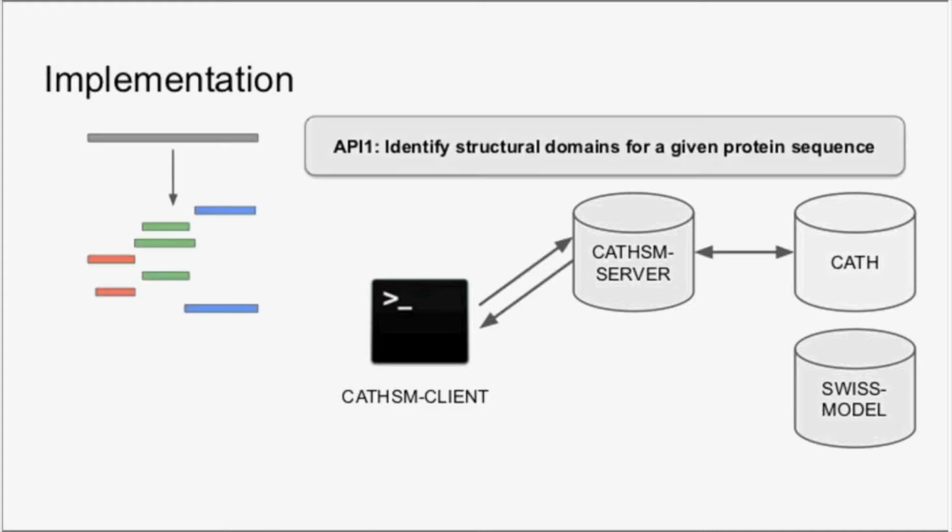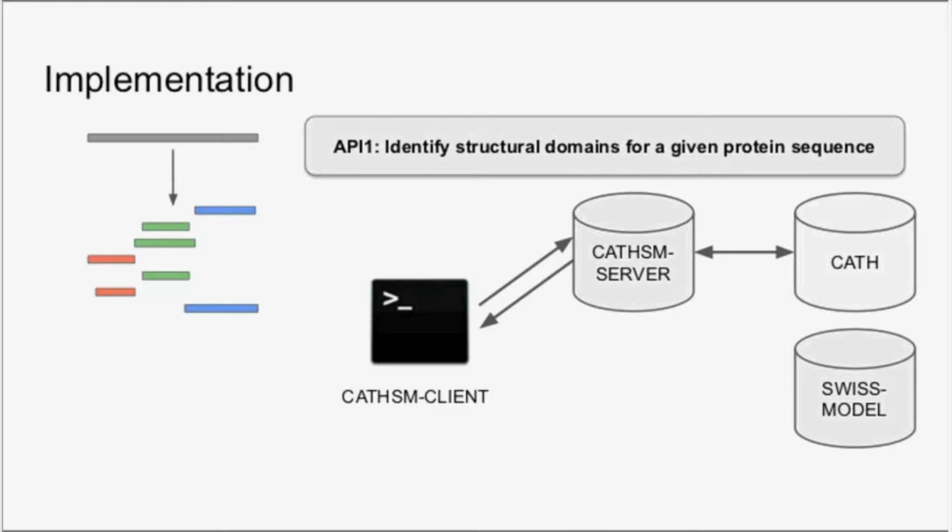This CATHSM server was the first API point where we have a query sequence and we get our potential structural templates back from that. CATHSM is CATH Swiss Model. We're using code there to mediate the API endpoint that was already in existence in CATH. We didn't want to make too many changes to that because people's code already depends on that not changing too much.